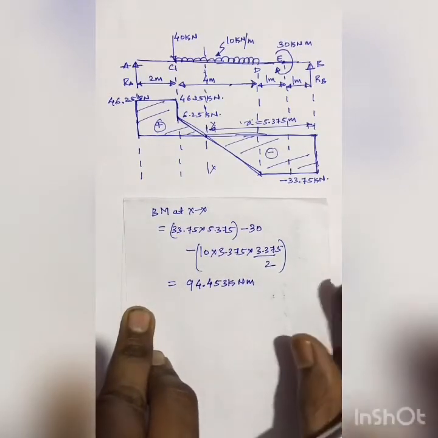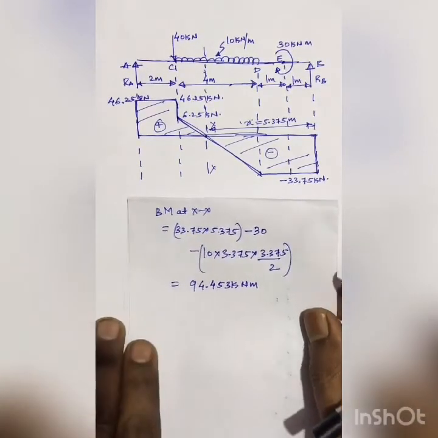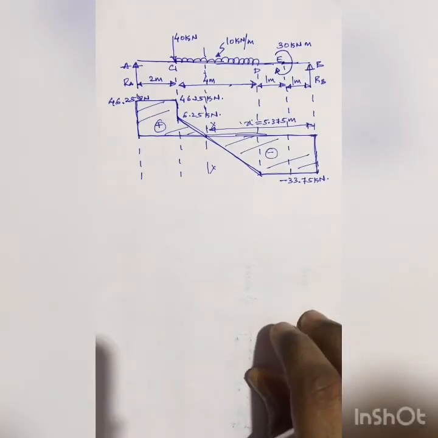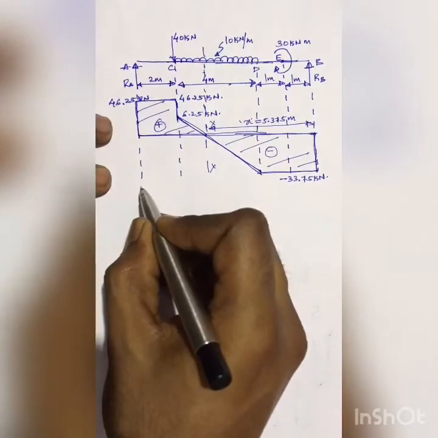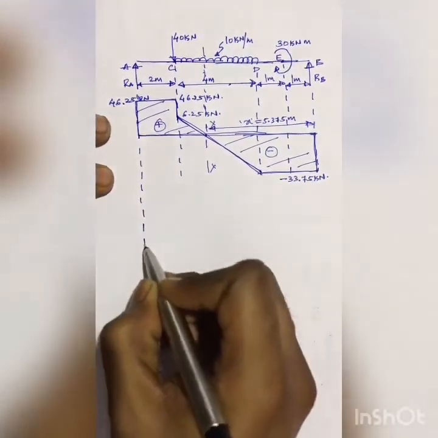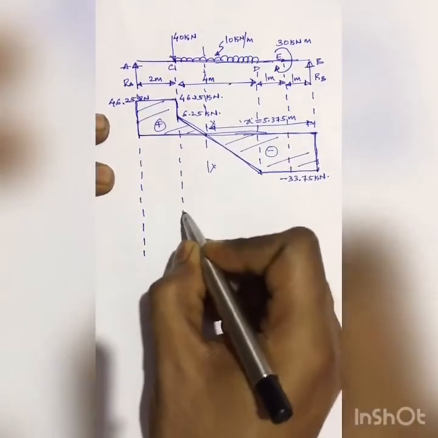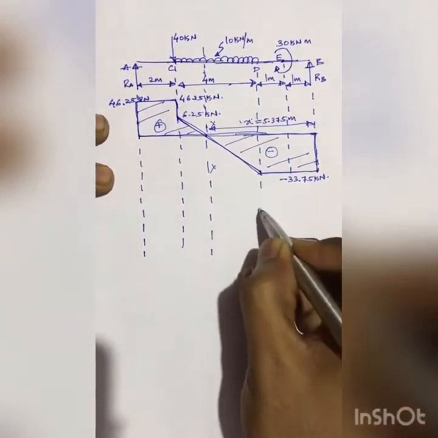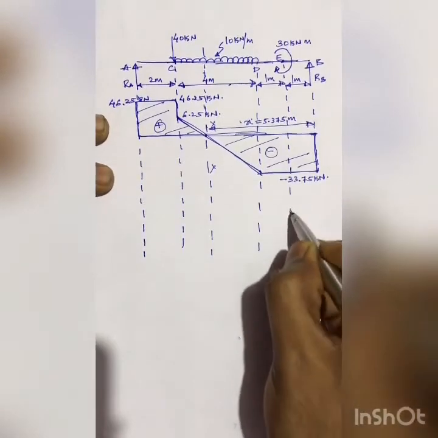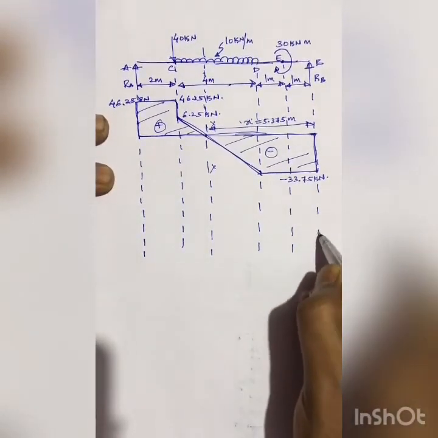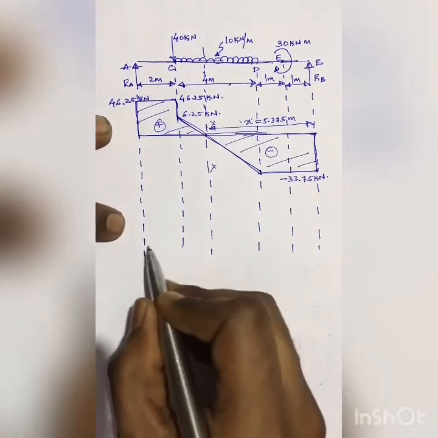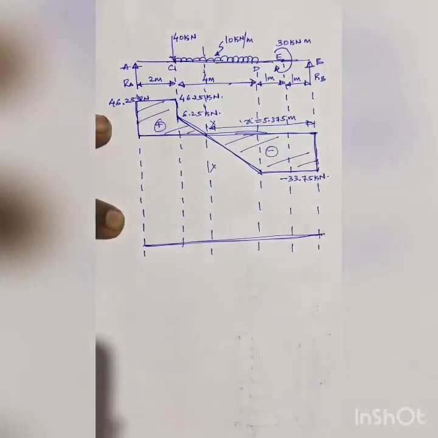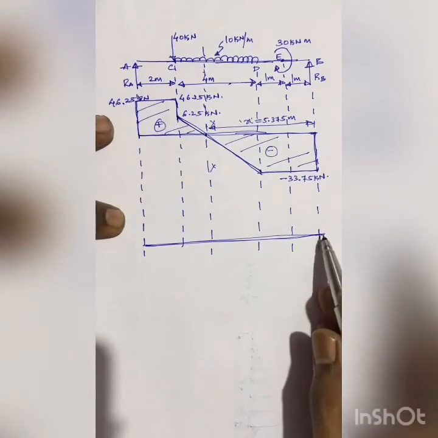So it's time for us to draw the bending moment diagram now. I'll again project these lines downwards so that I can draw the bending moment diagram correctly. So what I'll do first, I'll just draw a datum line like this, that is the 0 line. At B the bending moment is 0.